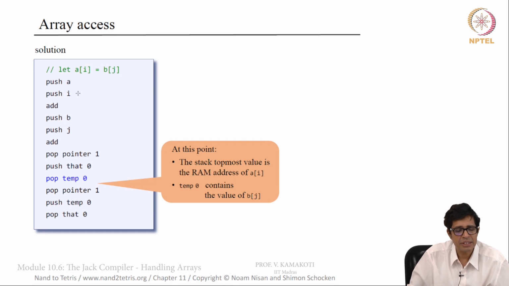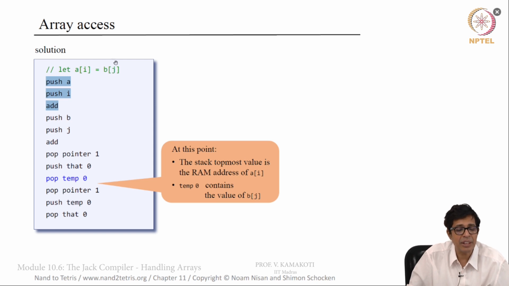So push A, push I, add. This will give me the address in which I have to store B of J, and that will be on the top of the stack. So at the end of this add, what will be on top of the stack?